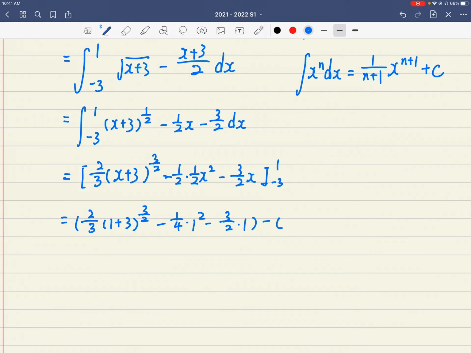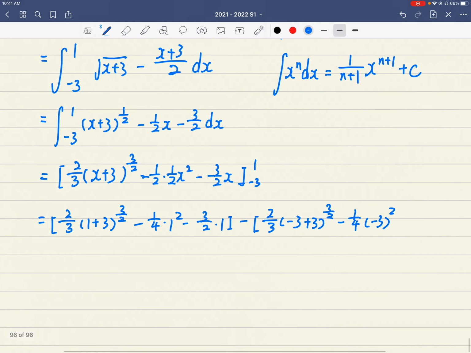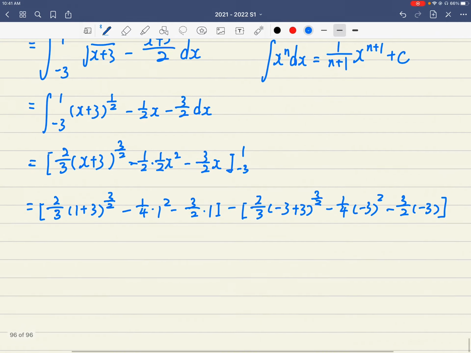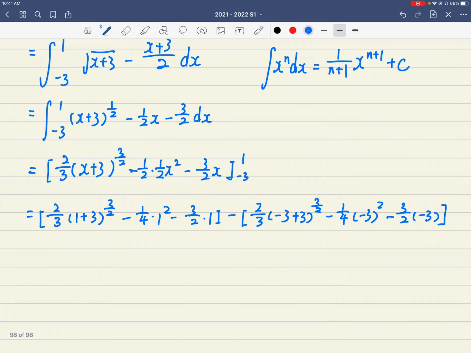Then minus, when x is negative 3: 2 over 3 times (negative 3 plus 3) to the power of 3 over 2, minus 1 over 4 times negative 3 squared, minus 3 over 2 times negative 3.